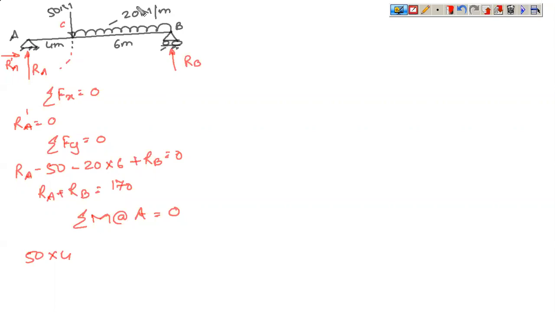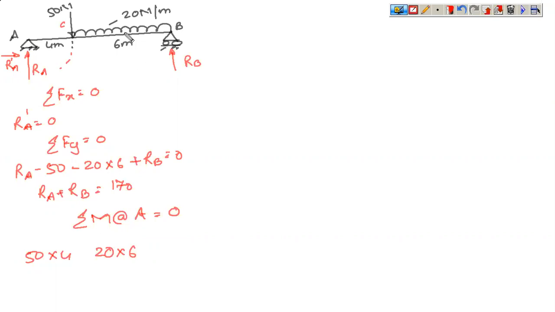Now this 20 Newton per meter is your load intensity. So this load intensity has to be converted into force. So the total force is how much? 20 into 6. Now you need to understand, this is force. This force has to be converted into moment. So to convert it into moment, what is to be done?